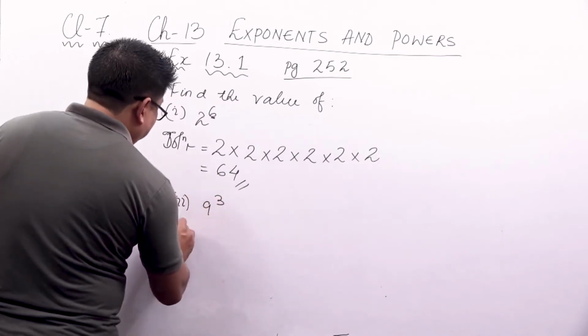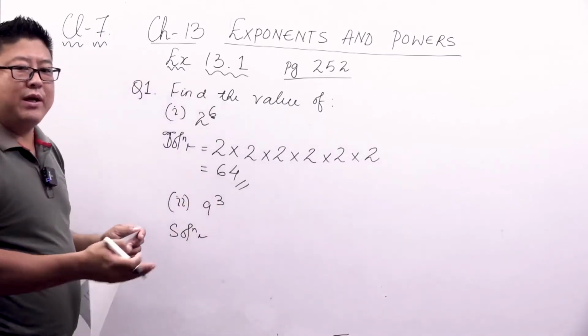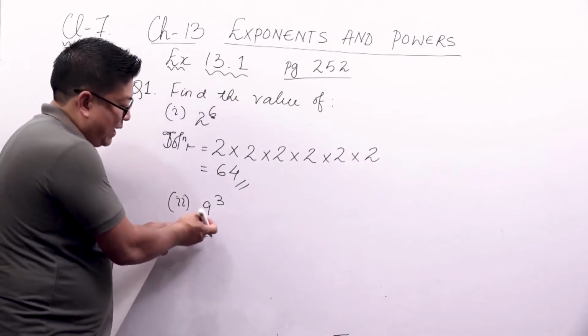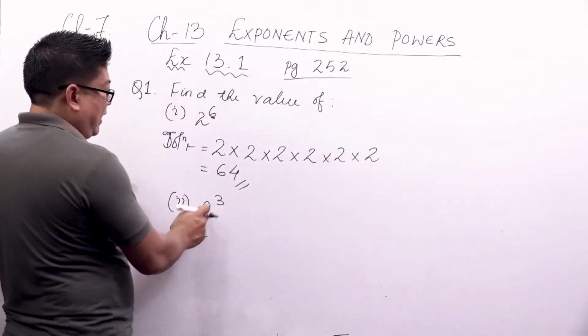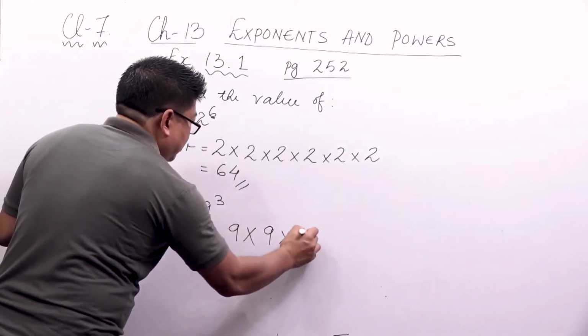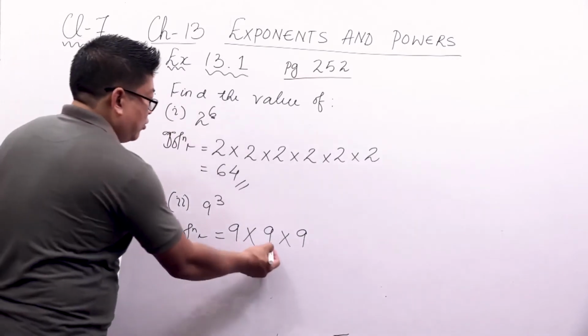These questions are rather simple. You simply have to identify the exponent, and once you identify the exponent, multiply the base as many times as the exponent is given. All right? Here, 9 to the power 3. That means 9 into 9 into 9, 3 times. 1, 2, 3.